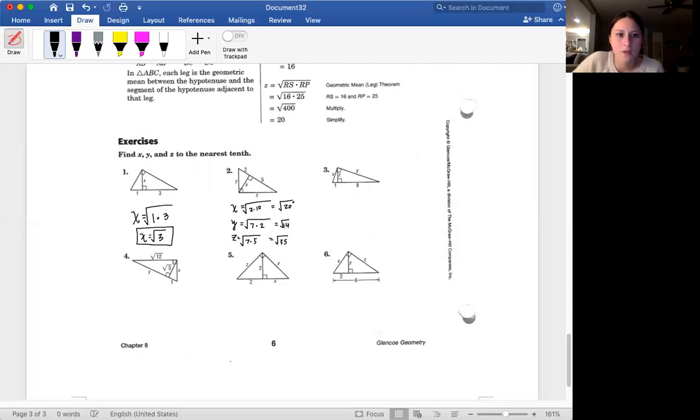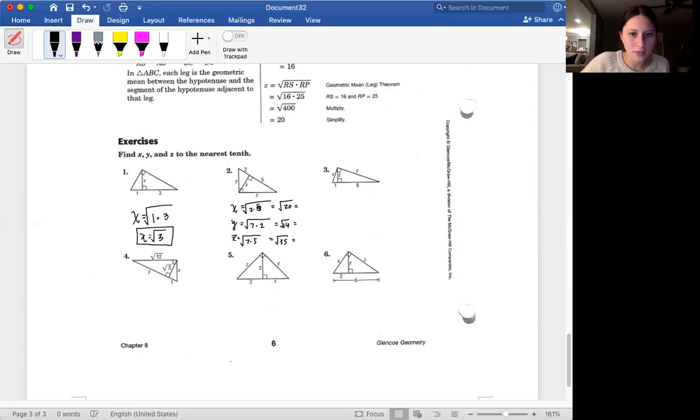And then please, if you can, write your answers as a decimal. It says round it to the nearest tenth. So square root of 20. Square root, oh, this is not 20. 2 times 5.